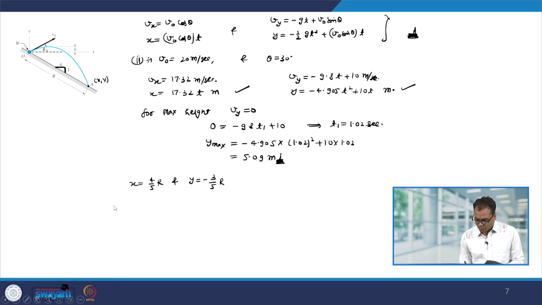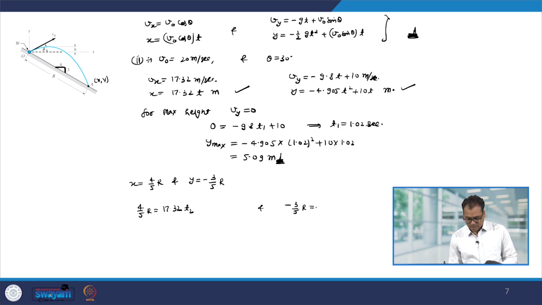So, we have 4 by 5 r equal to 17.32 T2, where T2 is the time that it takes to reach point A. Similarly, minus 3 by 5 r is minus 4.905 T2 square plus 10 T2.